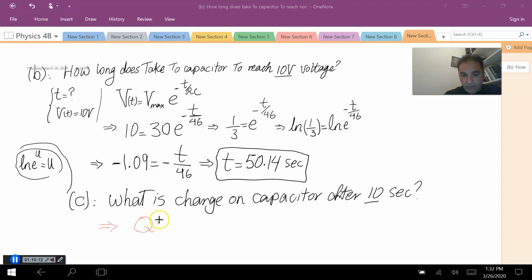We have to use Q(t) is equal to Q max, correct? e to negative t over RC. And we know that Q max is equal to what? CV max, am I right? So I'm going to write this Q at t equal 10 seconds.